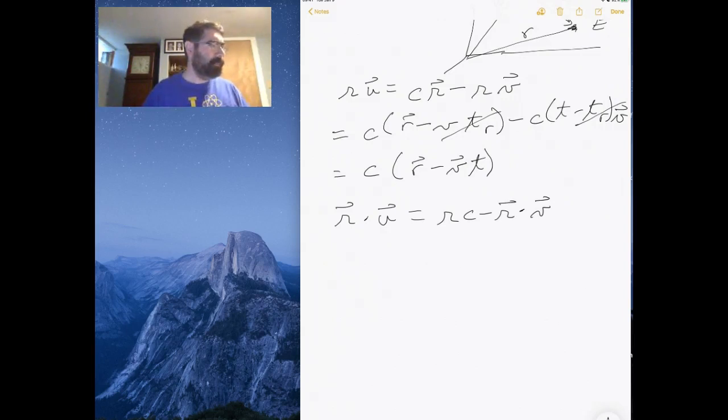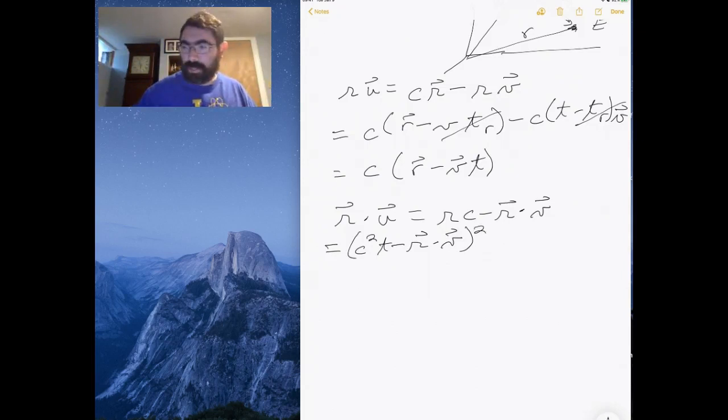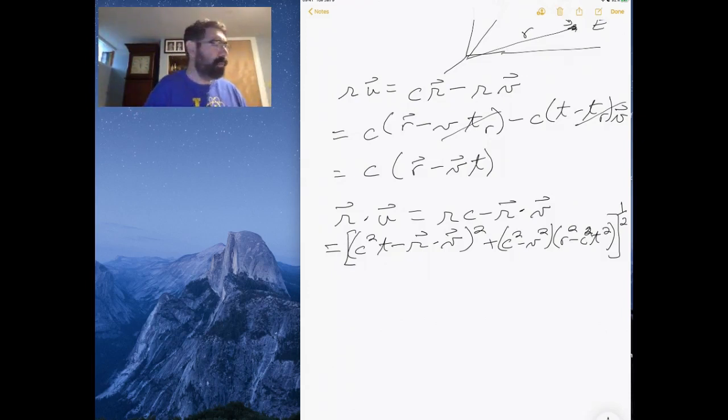Okay, which I can then rewrite as the square root of c squared t minus r dot v quantity squared plus c squared minus v squared times r squared minus c squared t squared. So essentially I'm just unwrapping this substitution that we made for the velocity u.